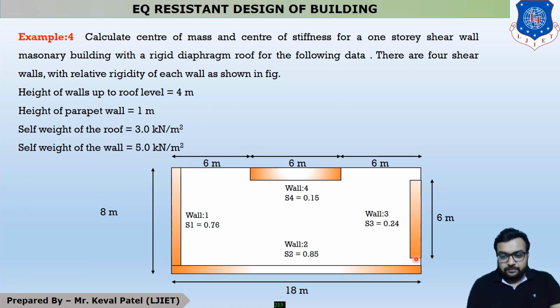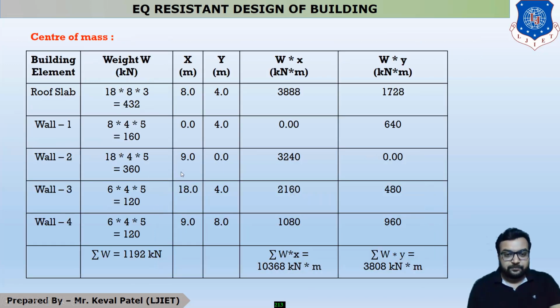This is 6 meter. So what is the CG of 6? The CG of 6 is 3 meter. But we have to find it from here. So in this 6 meter, 1 meter is here and 1 meter is here. So what is the distance in y direction from origin? So our distance is 4 meter. Okay. So this is the calculation of y3.